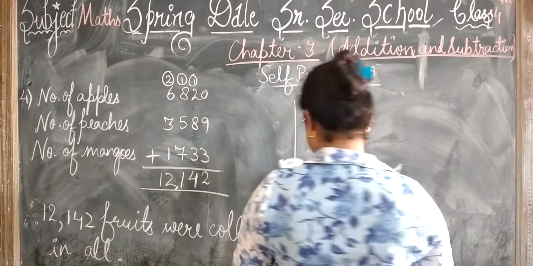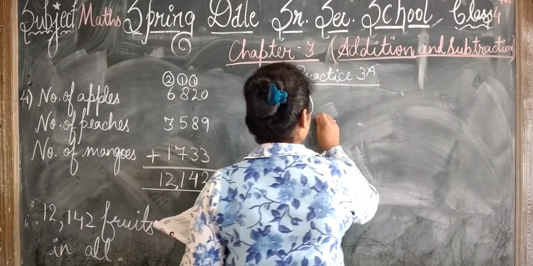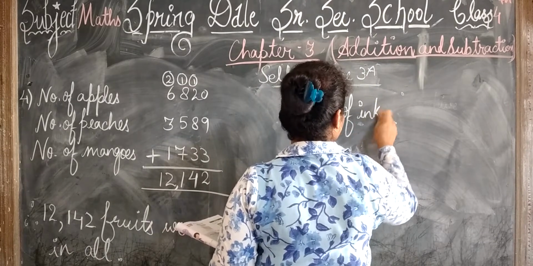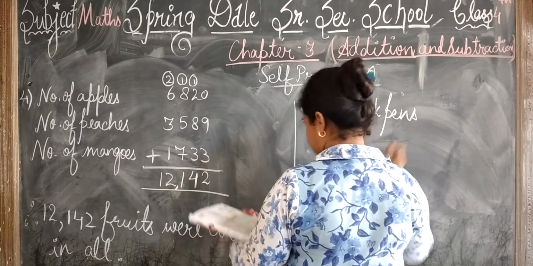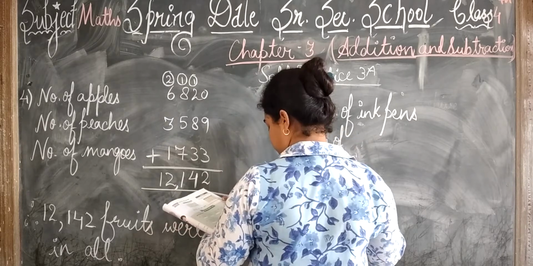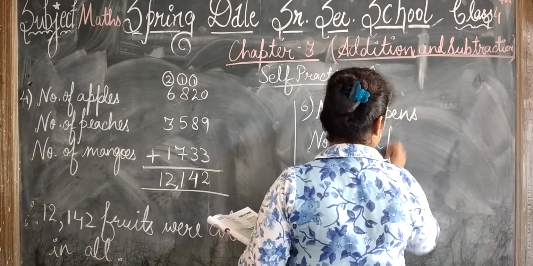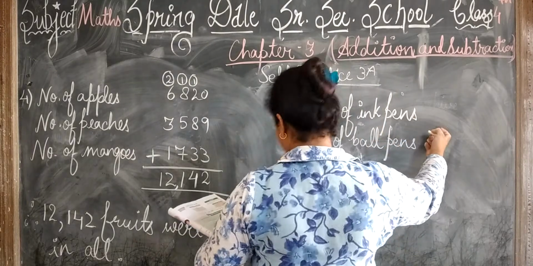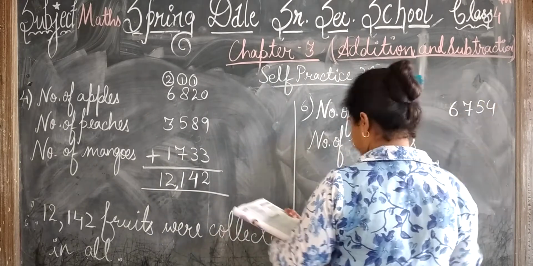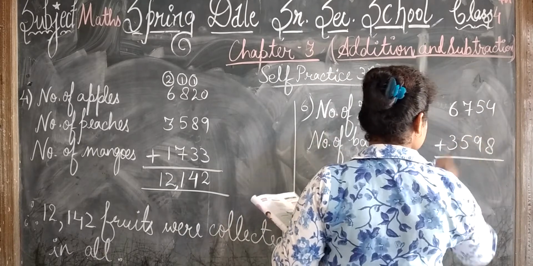So you will write number of ink pens, number of ball pens. How many do you have? 6,754, 3,598. You are going to add these numbers.